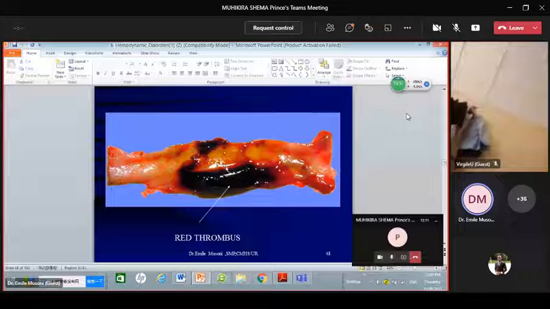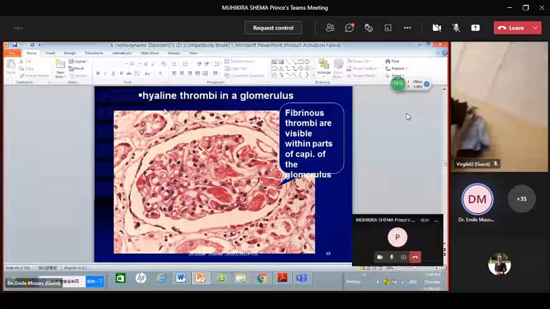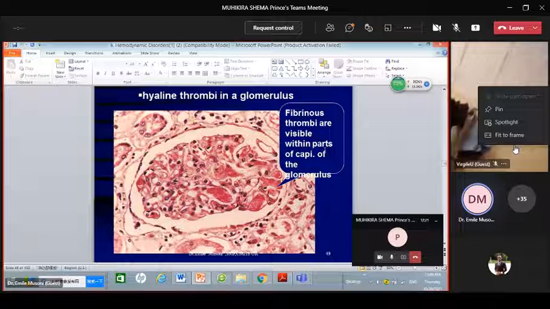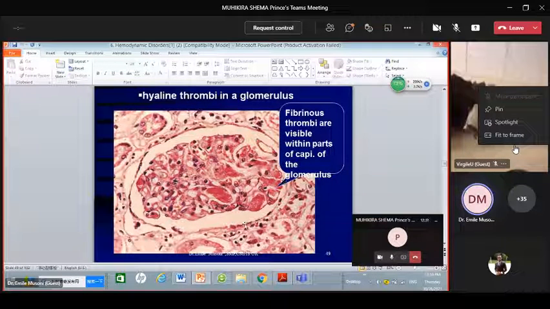This is the red thrombus, made up of red blood cells. Here, this is a fibrinous thrombus, visible within the capillary of the glomerulus. Remember in the story, the glomerulus. This is the Bowman capsule.